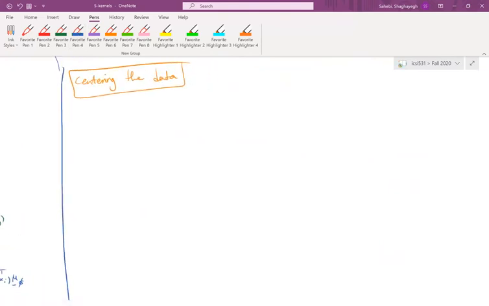Let's see what that is. So when we did center our data in the original space, what we did was that we had x and we had mu also, and we calculated z as x minus mu for every data point that we had.